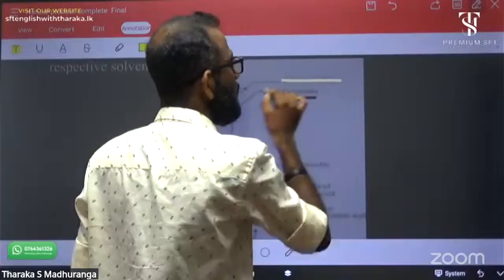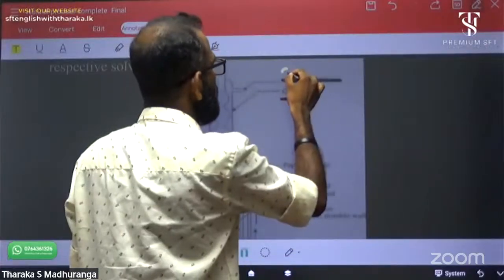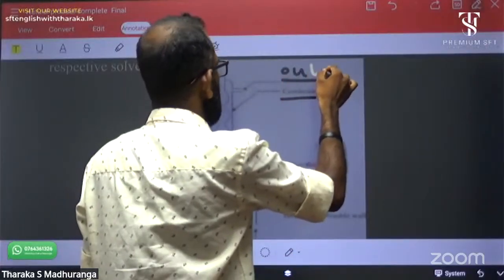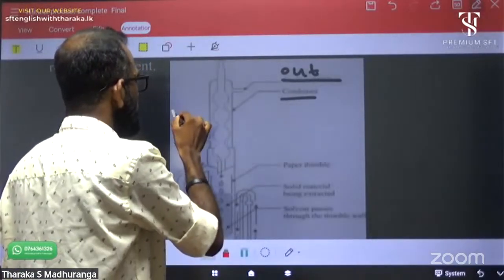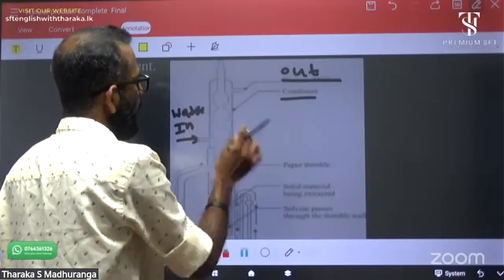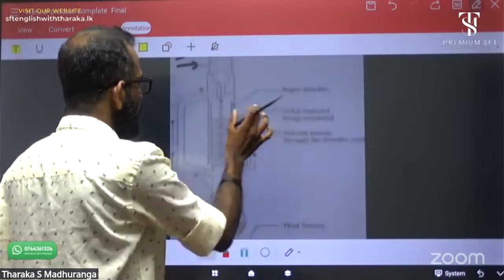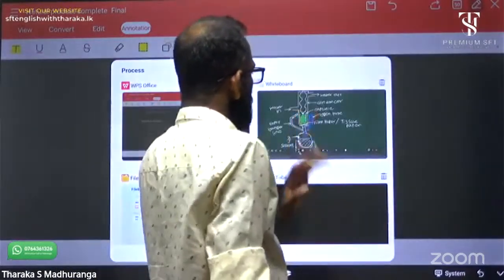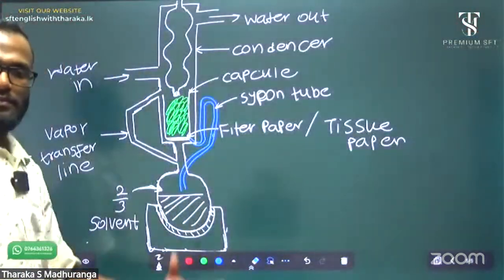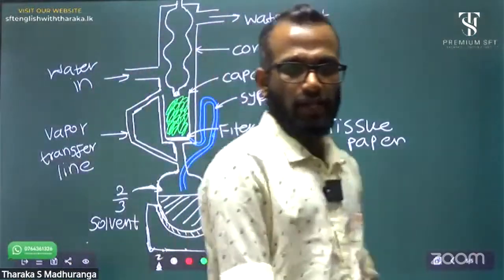Coolant in, coolant out. Water out. It's water in. And this is a condenser and I'll draw on my diagram. Okay. This is Soxhlet extraction.